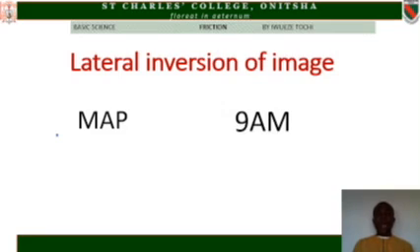The word MAP appears as PAM on a plane mirror surface. In the original word, M started, followed by A, lastly P. But in the lateral inversion of this word, P comes first, followed by A and M.